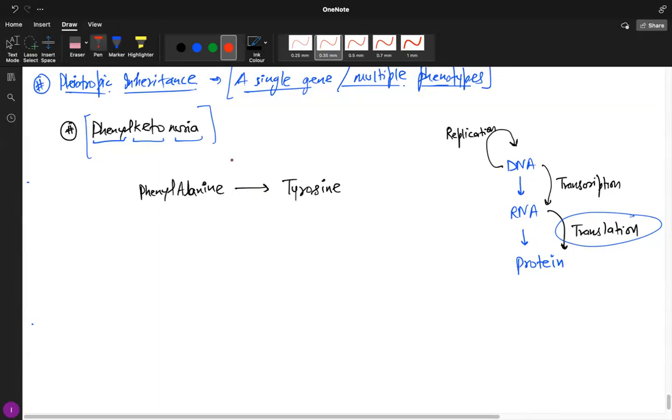Yes, about tyrosine, like the enzyme of tyrosine. Yes, so the enzyme is converting phenylalanine into tyrosine.